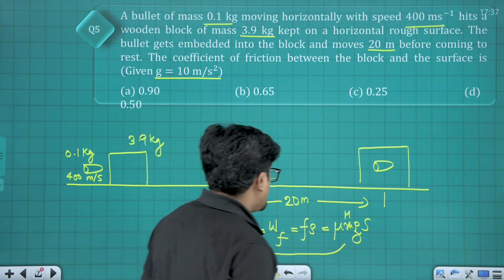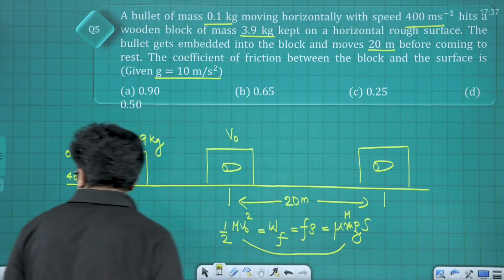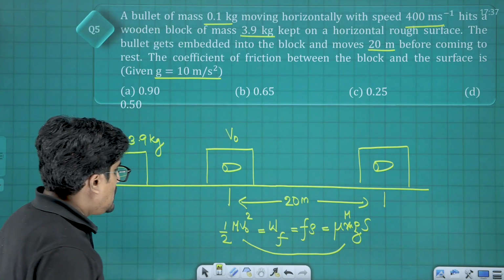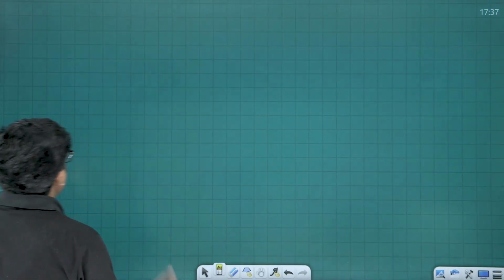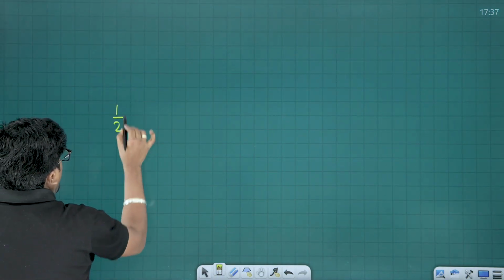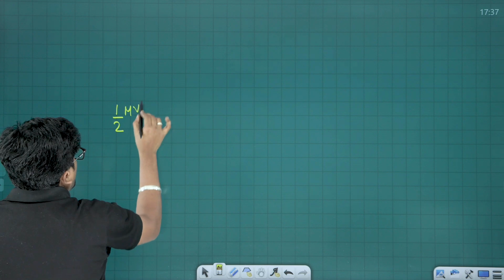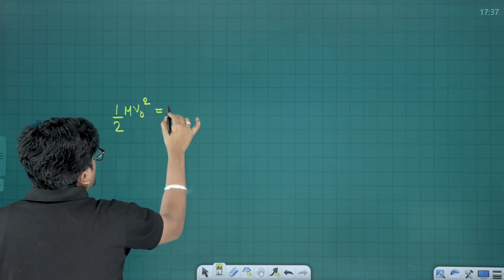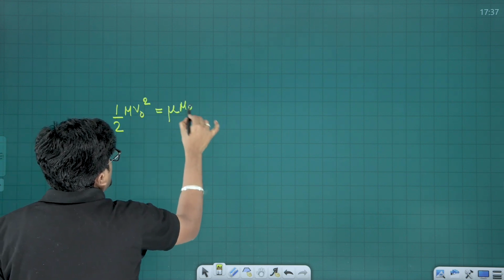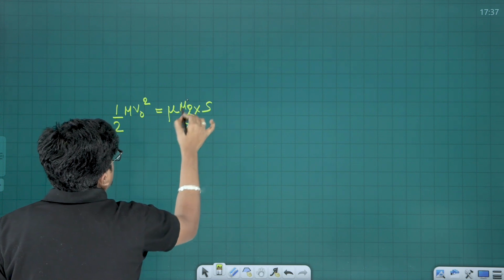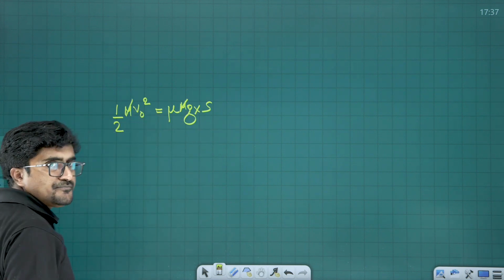So the final expression is half of capital M into V naught square equals mu into capital M into G into S. Capital M and capital M will cancel.